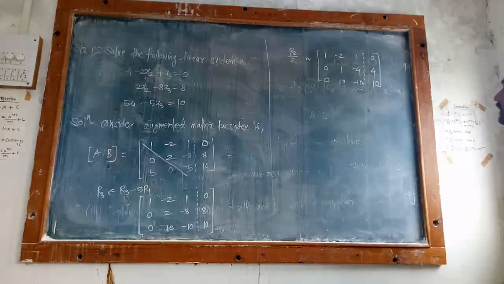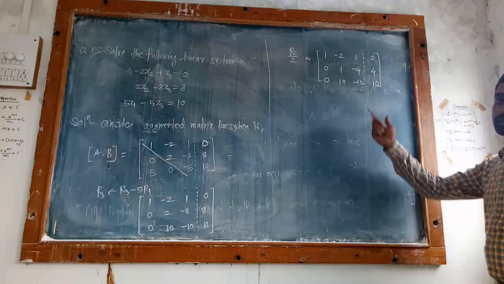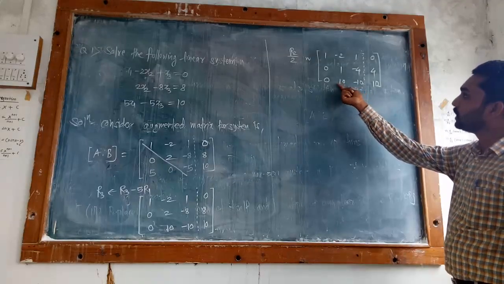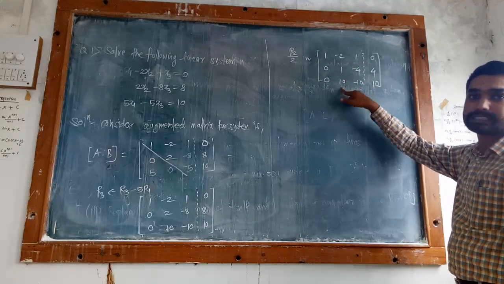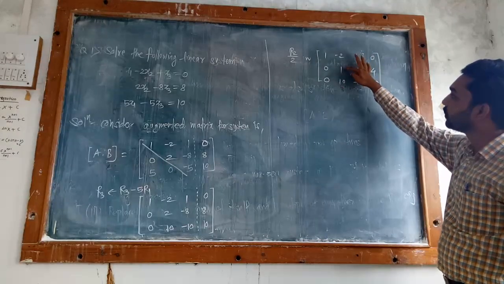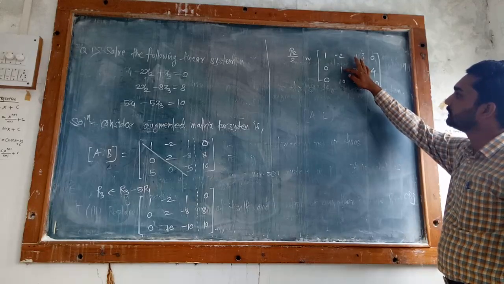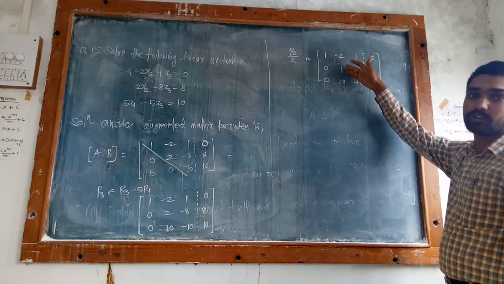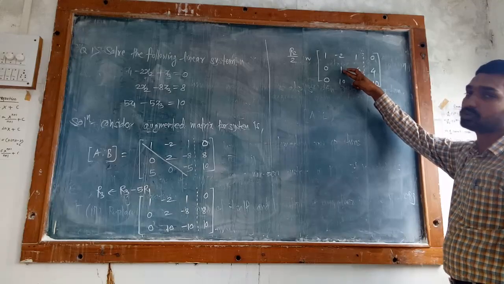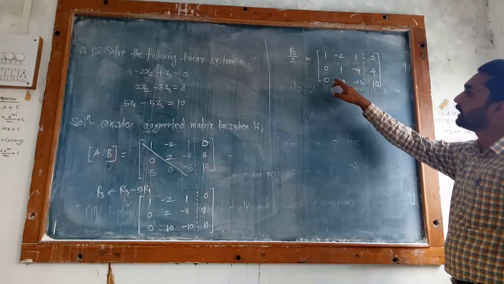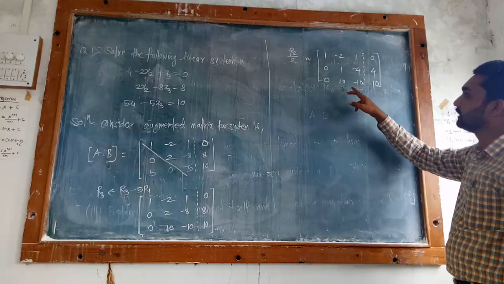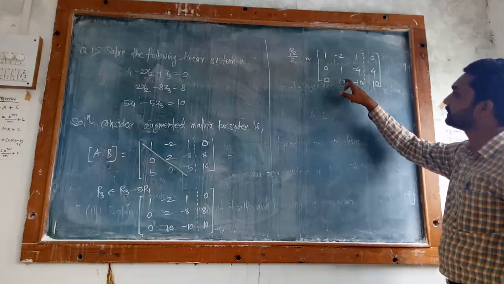What is your next row operation? Next step, we have to make the element in the third row, second column, the A32 element, 0, below the diagonal element. We have to make this 10 into 0.